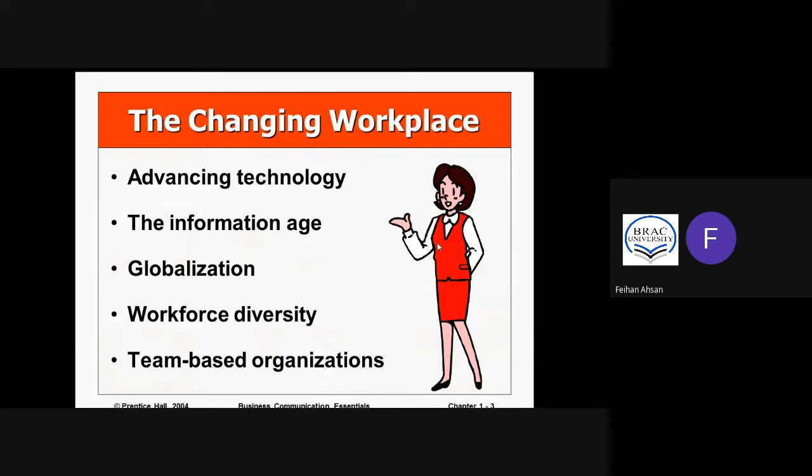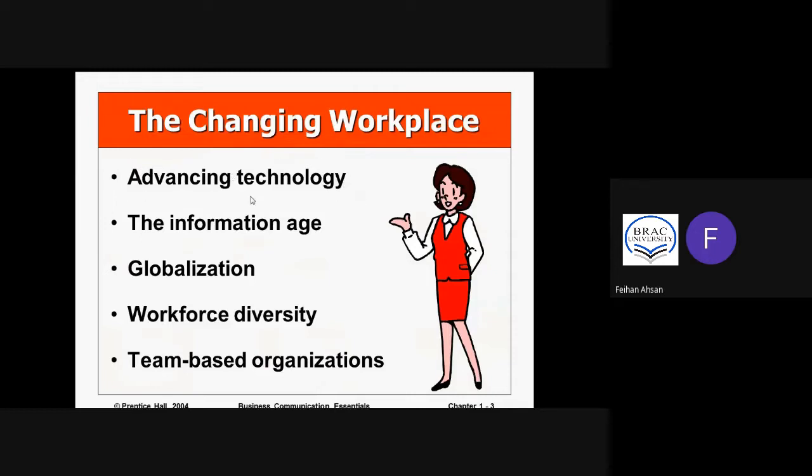Now, before we go into the basics of business communication, these are some macroeconomic issues which we need to address, which we need to understand before we understand what communication is. The workplace nowadays is changing. It's constantly in a state of flux. It's changing in terms of technology, which is always changing.